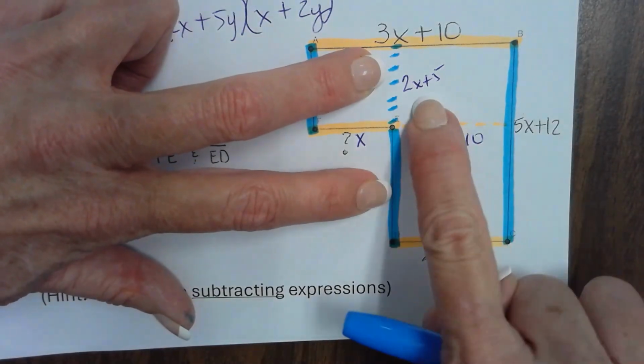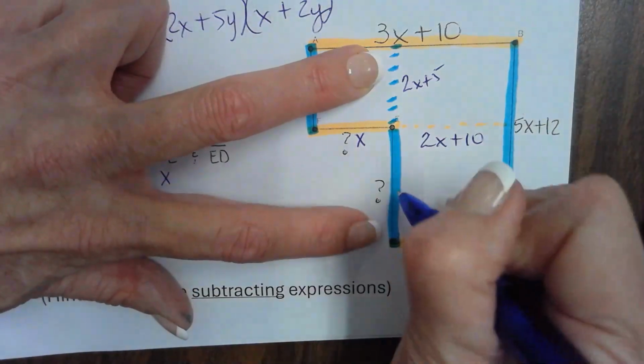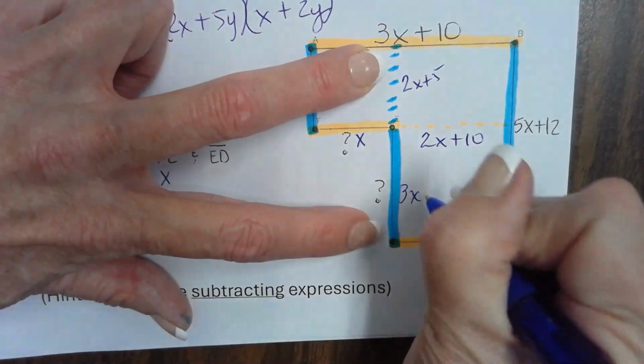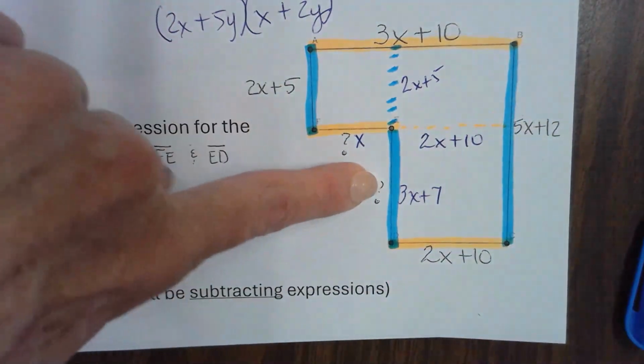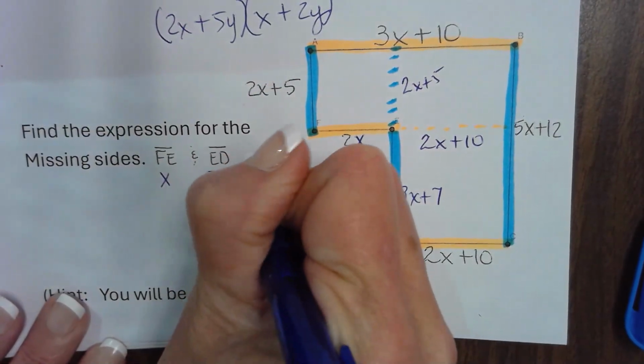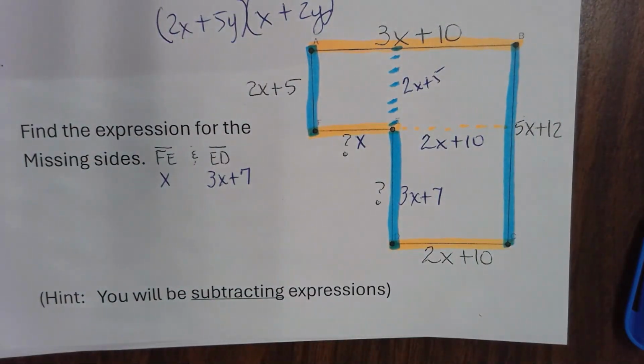What's 5x minus 2x? 3x. What is 12 minus 5? So this unknown side has an expression of 3x plus 7. Question there? Easy stuff? Okay.